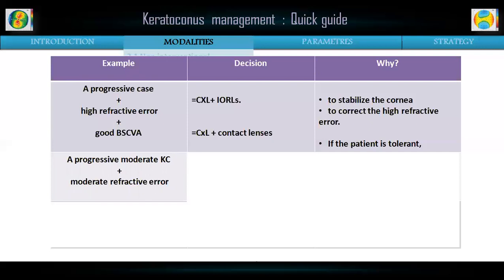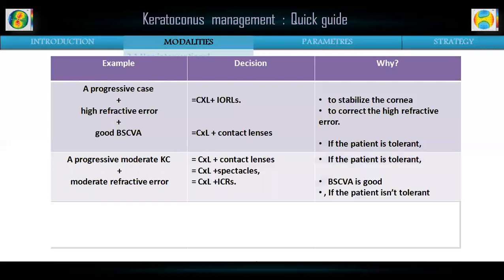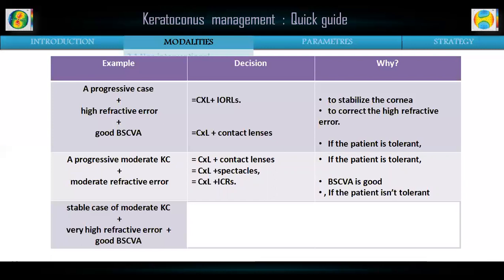In this case, we can suggest for the patient to do cross-linking because it's progressive, and contact lenses or spectacles if the patient is tolerant, or we would suggest for the patient the intracorneal rings after cross-linking if the patient is not tolerant.